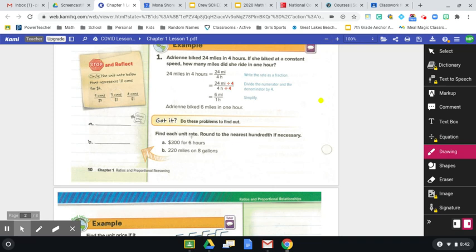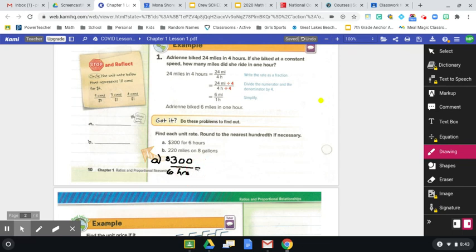It says find each unit rate, round to the nearest hundredth if necessary. So if it's $300 for something for 6 hours, we're going to try to find out how much it is for 1 hour. I'm going to show my work here, and as you're in your book right now, you should be doing the same thing. With your unit rates, we're going to ask that you write it as a fraction problem. So we're going to do $300 divided by 6 hours.